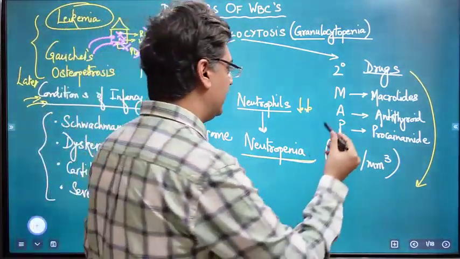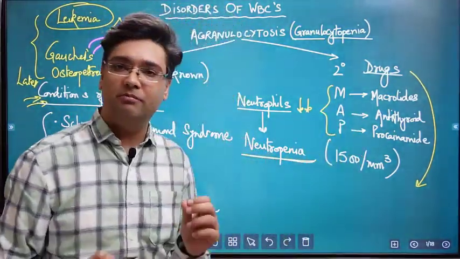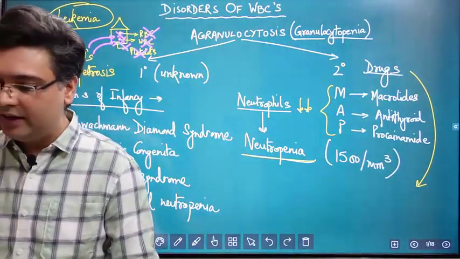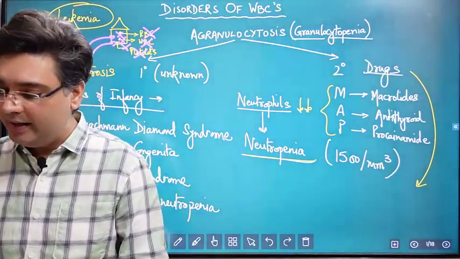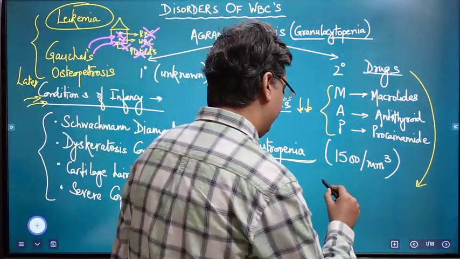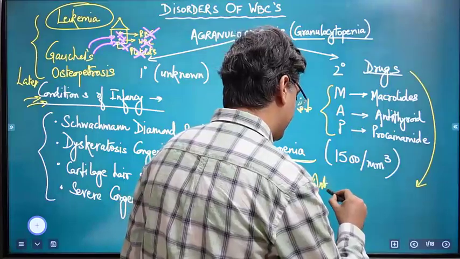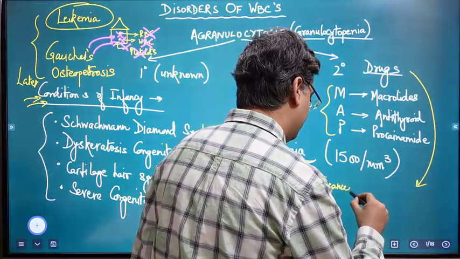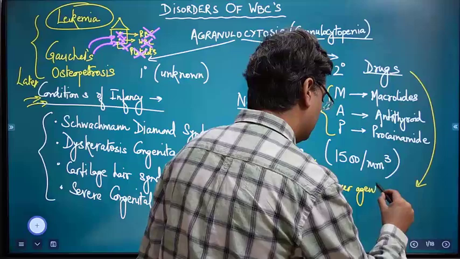The basic drugs we can remember by the acronym MAP. Then you have certain anti-cancer agents, like nitrogen mustards and busulfan, which I will write here. These are anti-cancer agents.